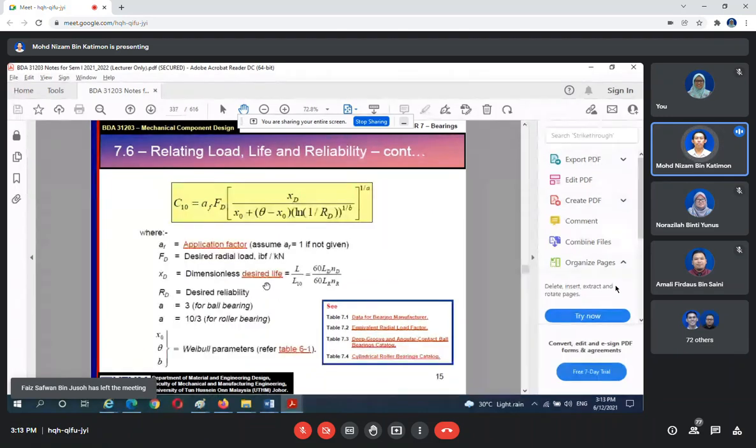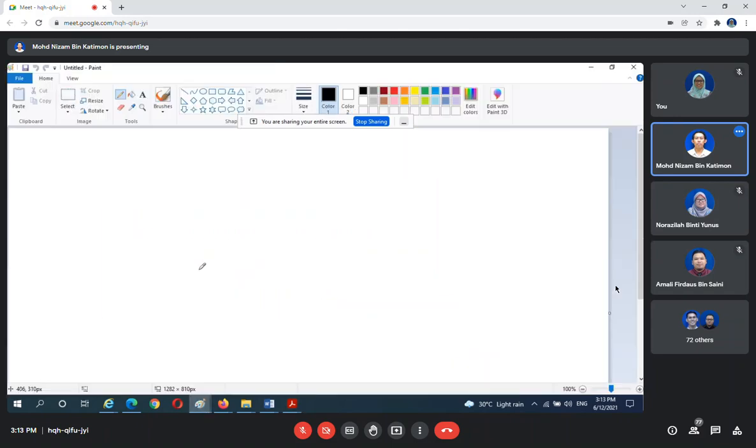Second equation. Okay, this one. Okay, another example is, let's say, the other way around.